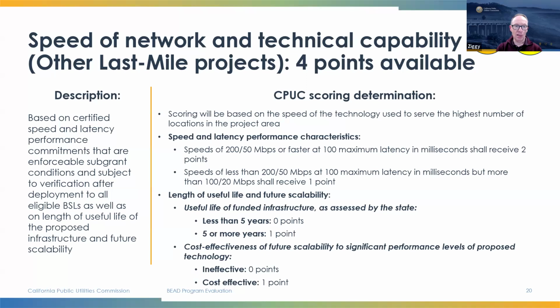So if the useful life of your funded infrastructure is less than 5 years, it's 0 points. 5 or more years, 1 point. And likewise, the cost effectiveness of future scalability, if it is deemed effective, you can get up to 1 point. Next.